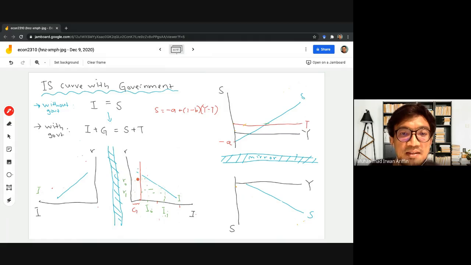By adding this G, at all levels of interest rate, it will move our I schedule by this amount of G to the right.